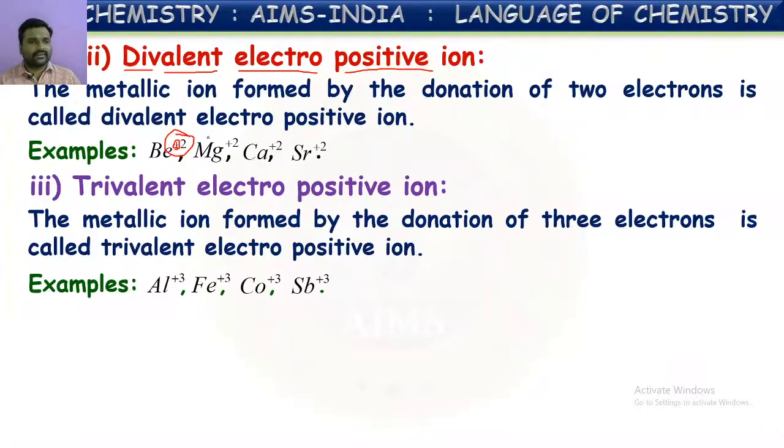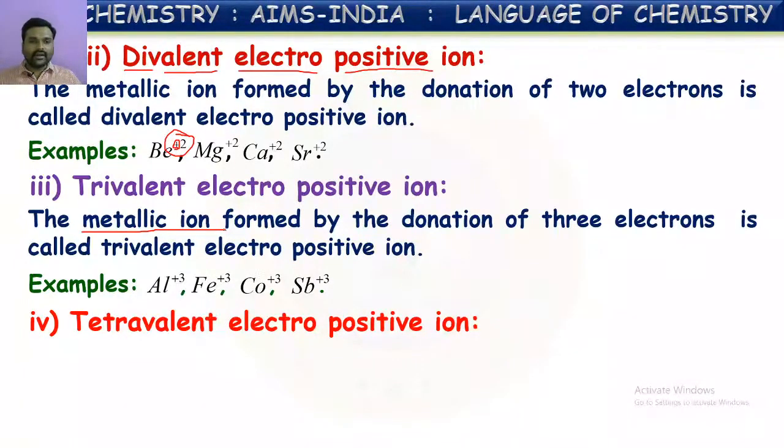While giving the definition, it is said here metallic ions. Why only metals? Yes, we know only metals can lose electrons. That is why they are called metallic ions, which generally lose electrons. So if a metal loses three electrons, then the ion formed by that metal is called as trivalent metallic ion or trivalent electropositive ion.